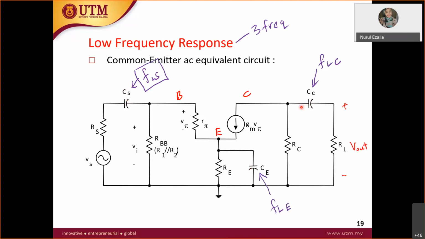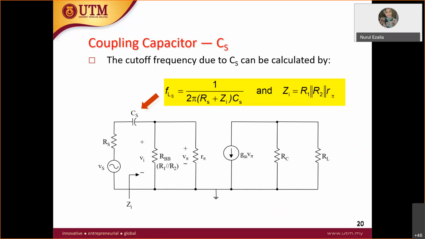Then you have to redraw the AC equivalent circuit by short-circuiting all the other capacitors. If you want to find FLS, FL referring to the source, CE and CC will be short circuit, and we are only left with this capacitor.